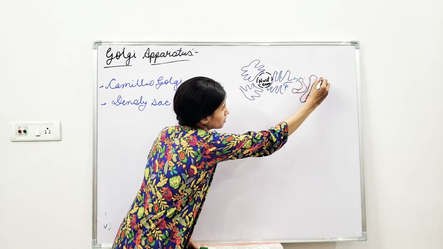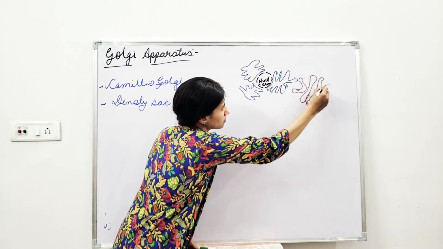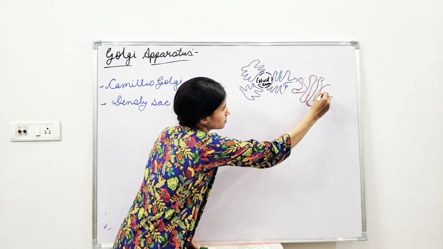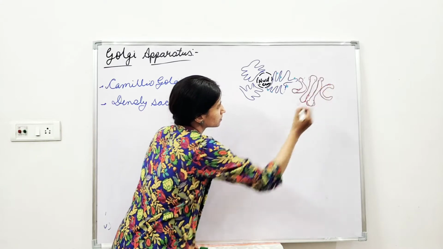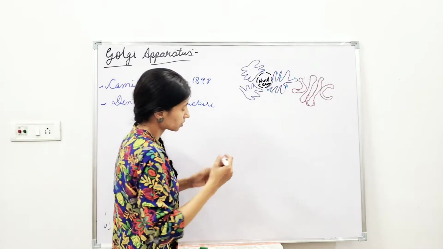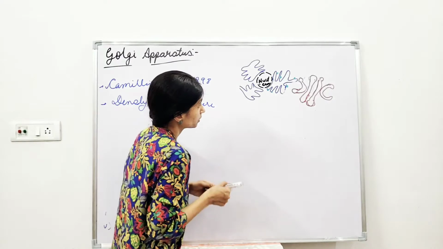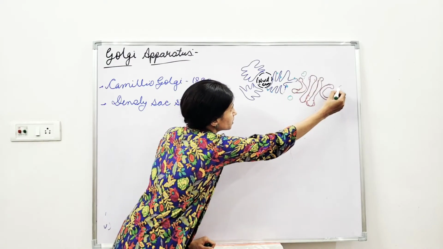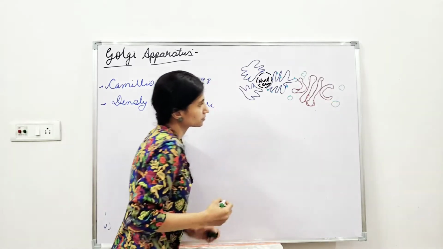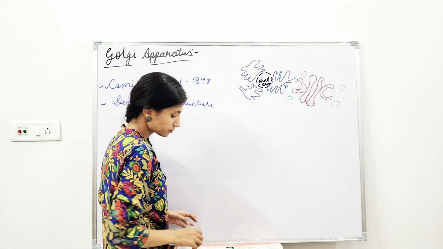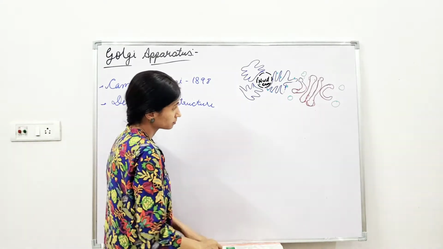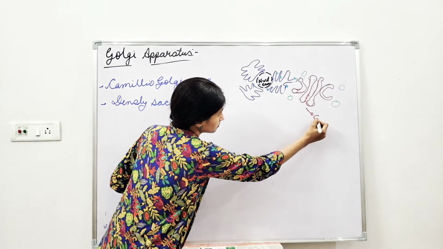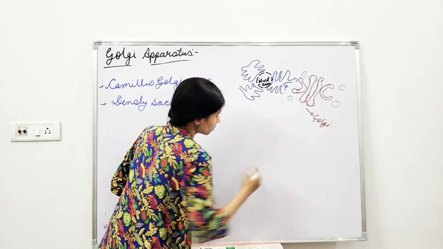And this is how the Golgi is. I'll just make two more things over here. These are not ribosomes, we'll discuss what they are. Like this. Now, this is our Golgi. This red one is a Golgi.